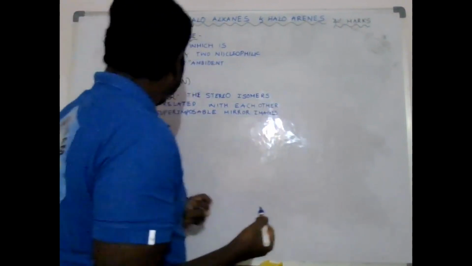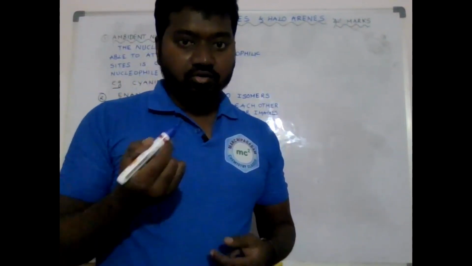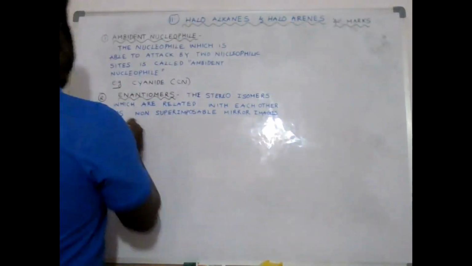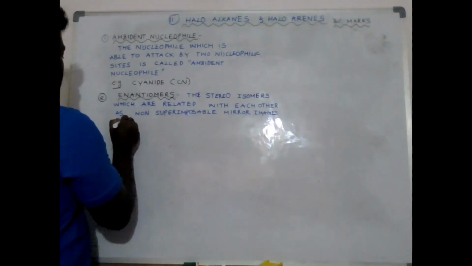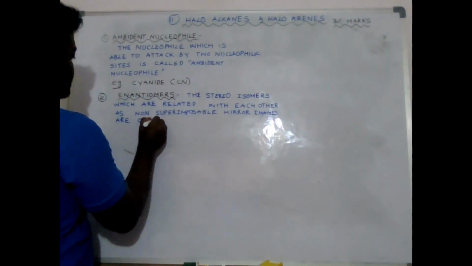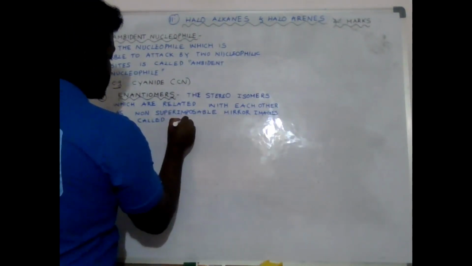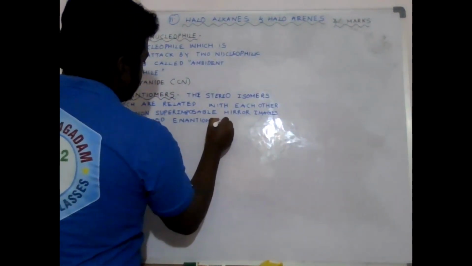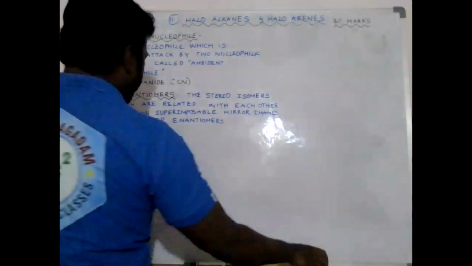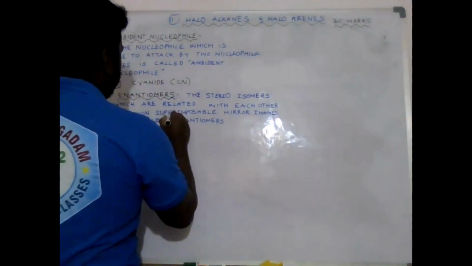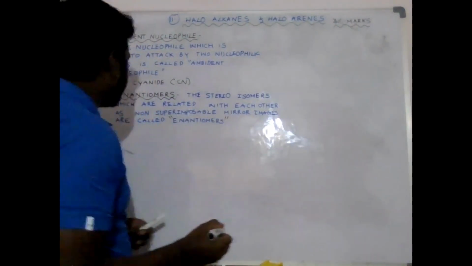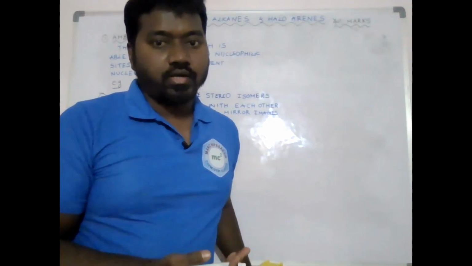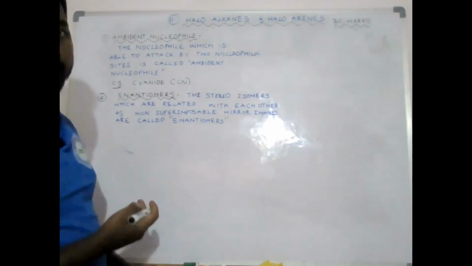The stereoisomers which are related with each other as non-superimposable mirror images are called enantiomers.